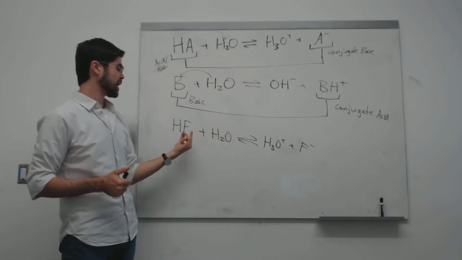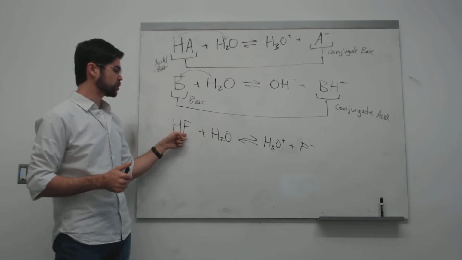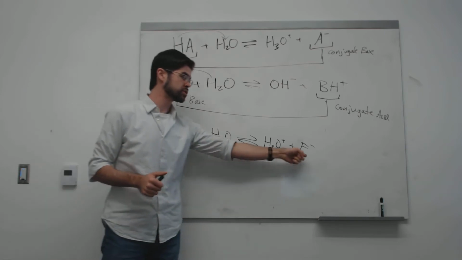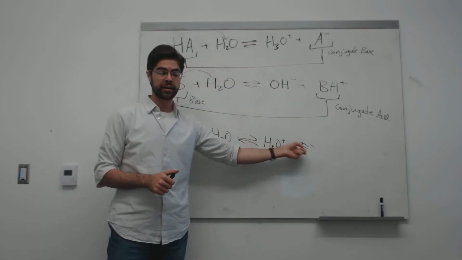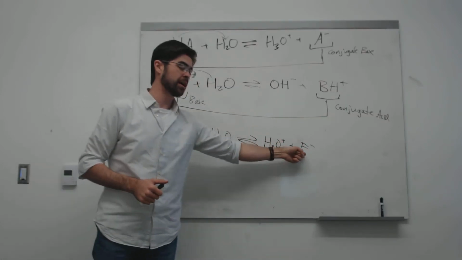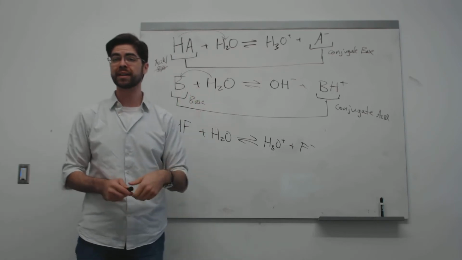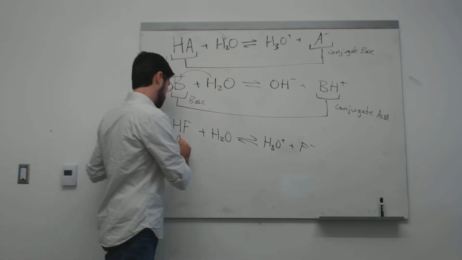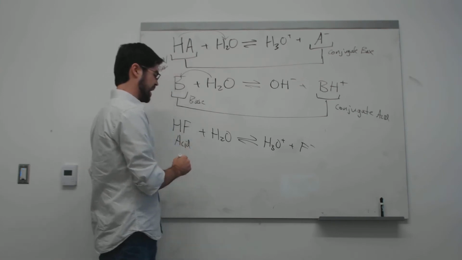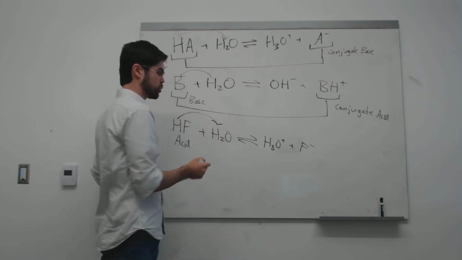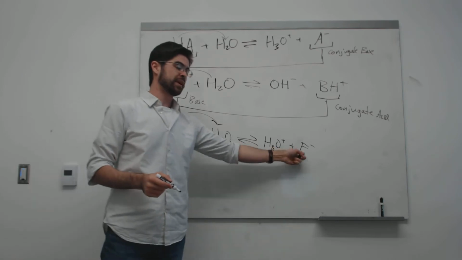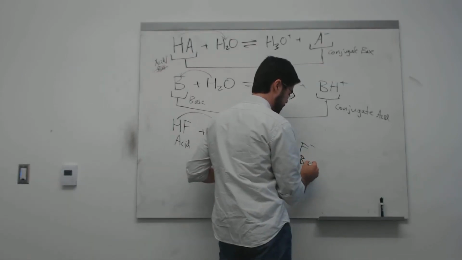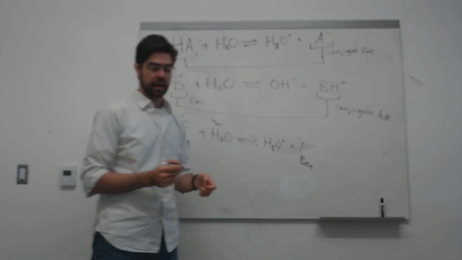In this reaction, this molecule loses a proton and it becomes a fluoride ion. It loses a hydrogen and becomes fluoride. If it lost a hydrogen, then it was a hydrogen donor, meaning that this is behaving as an acid. It's transferring it onto water. And what it becomes afterwards is that acid's conjugate base.